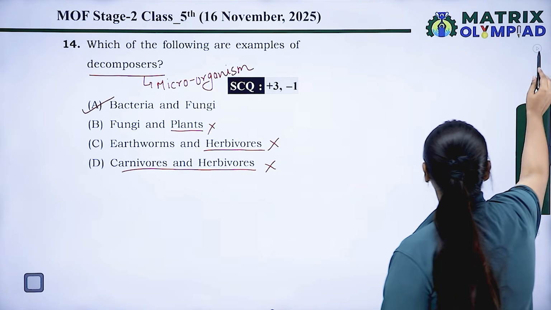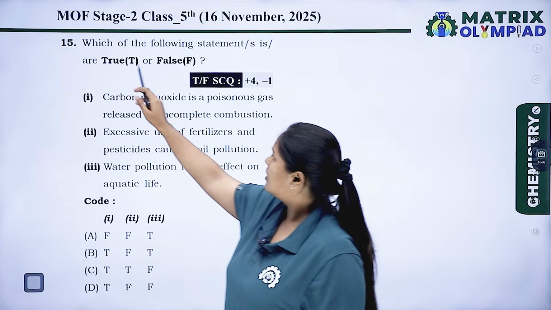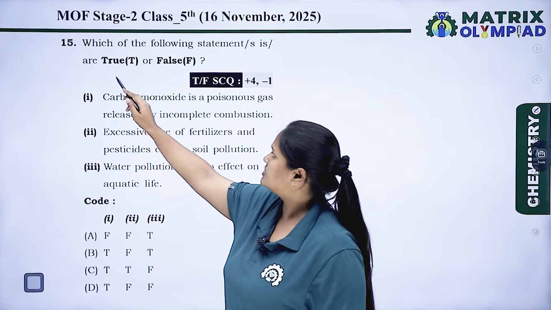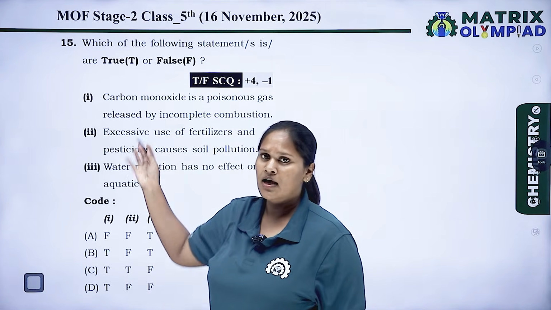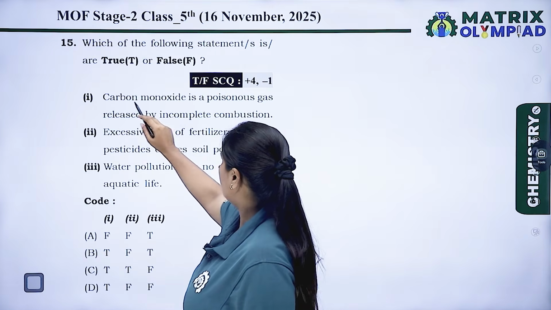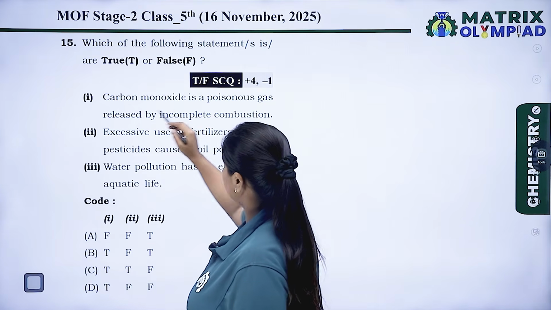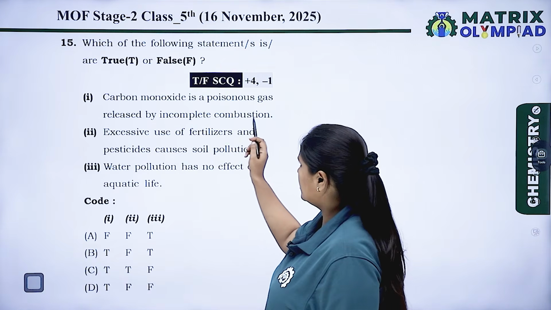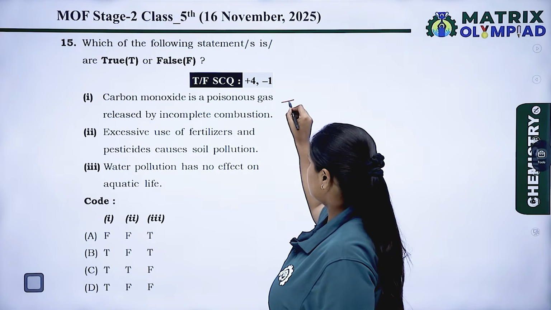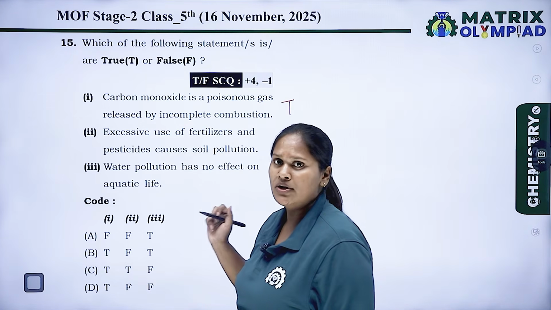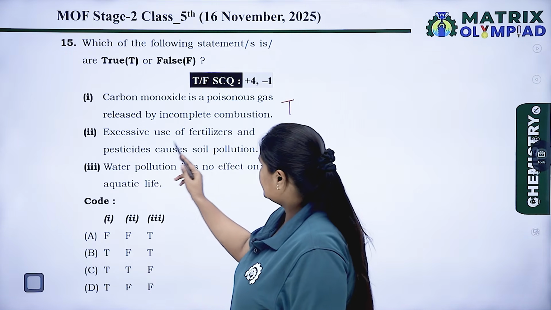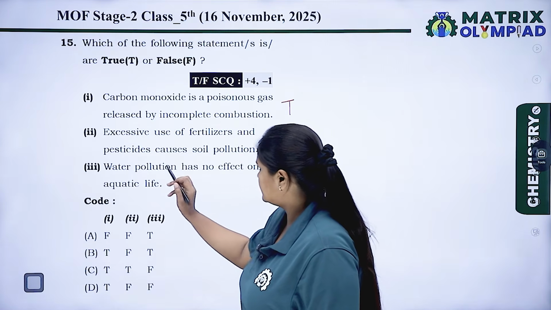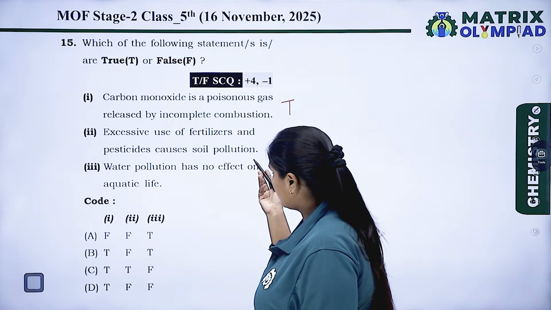Now come to the next. Which of the following statements is true or false? Let's read the first statement. Carbon monoxide is a poisonous gas released by incomplete combustion. So this statement is true. Now come to the next. Excessive use of fertilizer and pesticides causes soil pollution.